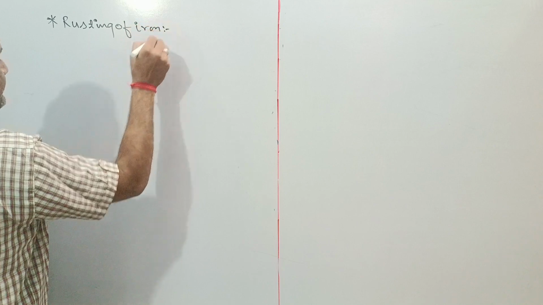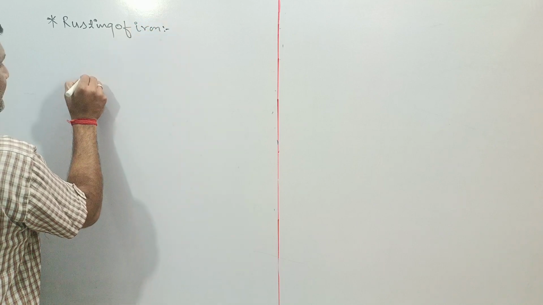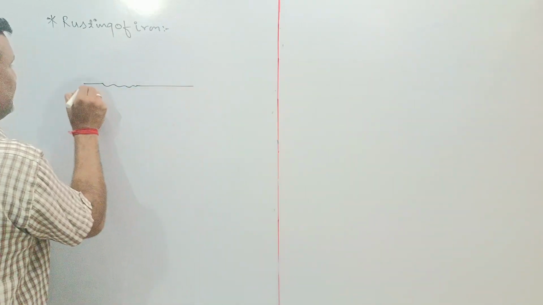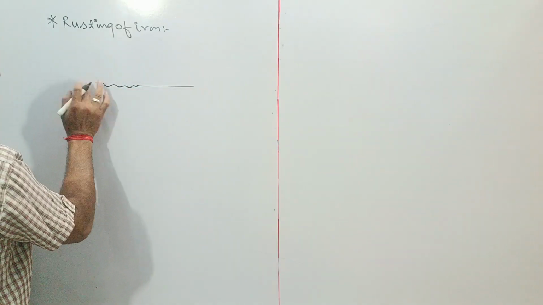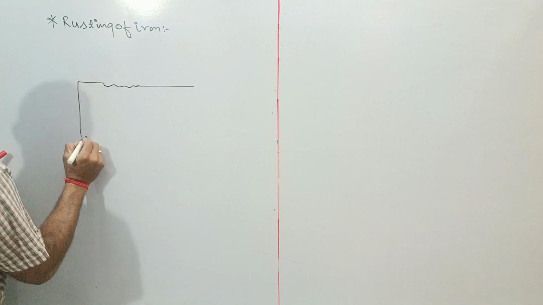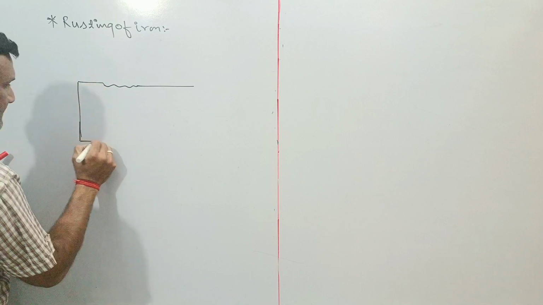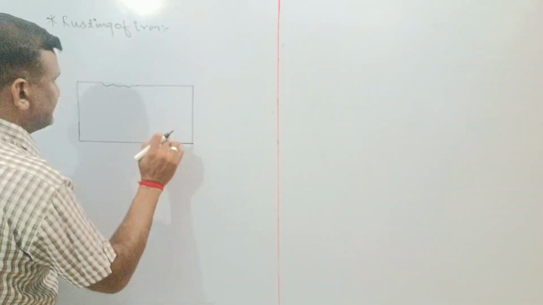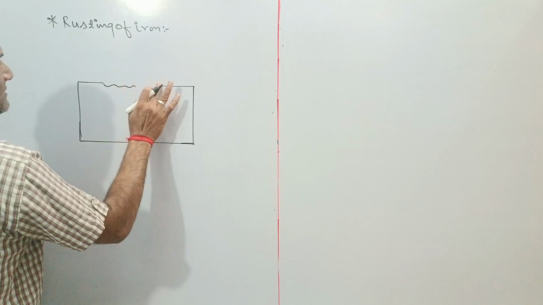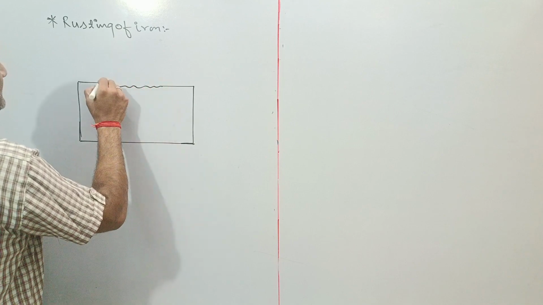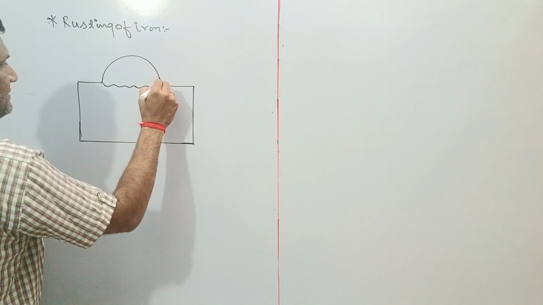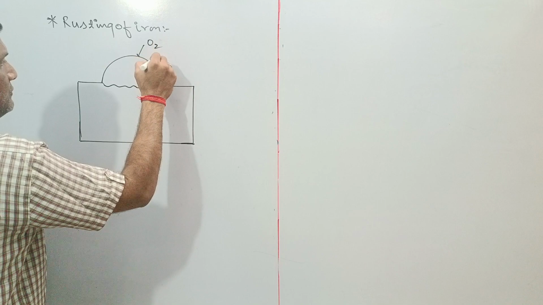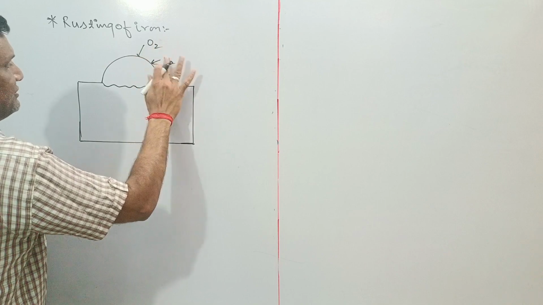Rusting of iron. For this we can take the example as follows. Suppose this is the rough surface of the metal, iron. This is the block of iron, and suppose this is your water droplet in the form of moisture, where there will be solubility of O2 and CO2.